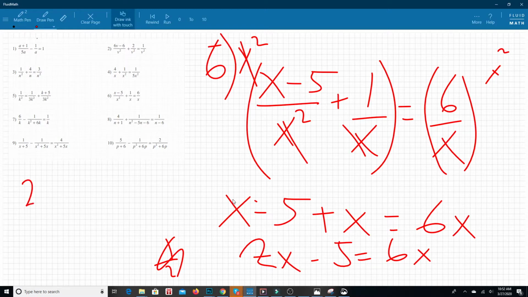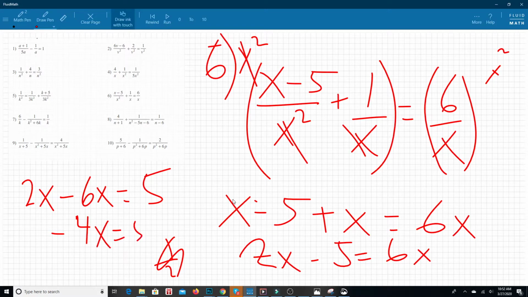I'm going to have 2x minus 6x equals 5. That's going to give me negative 4x equals 5, divided by negative 4, divided by negative 4. So x is actually going to be equal to negative 5 over 4.